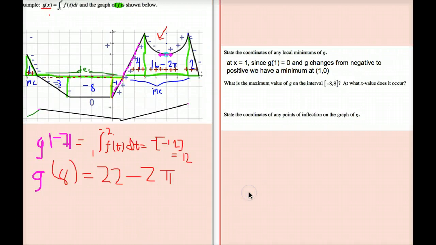Good. Your answer should be g of 8, since g of 8 equals 22 minus 2 pi. I'm going to write the word pi because it's easier for me. So we know this is where our maximum is.